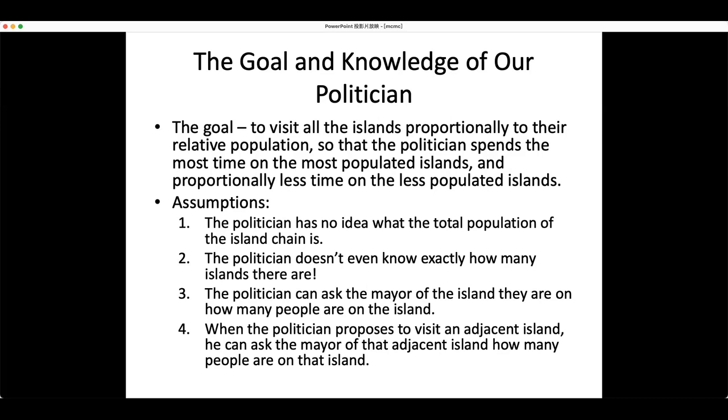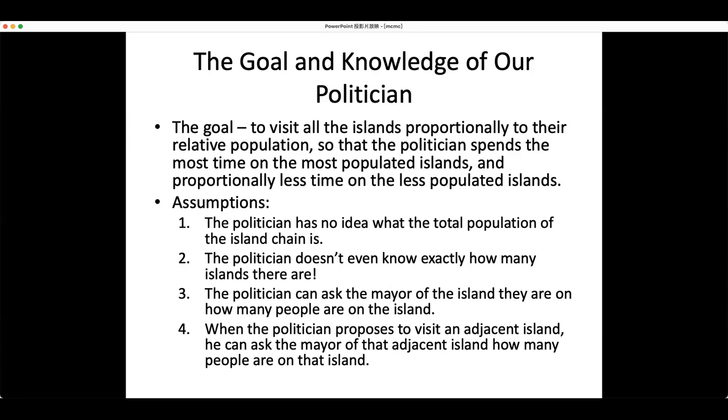Assume he doesn't know that. Second, the politician doesn't even know exactly how many islands there are. Well, you can say this politician is lazy. He doesn't even know how many islands we have in this nation.